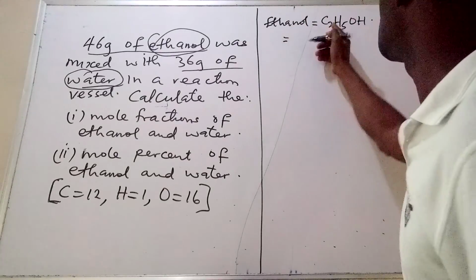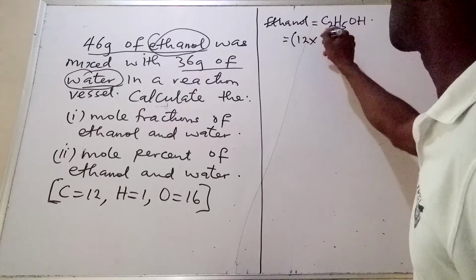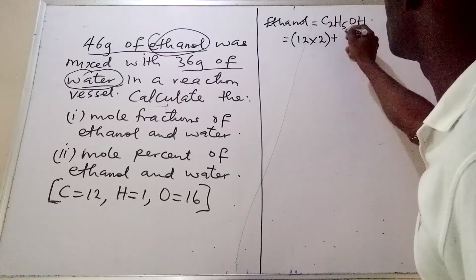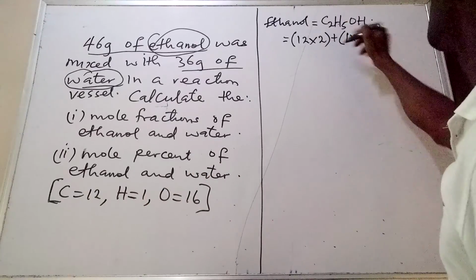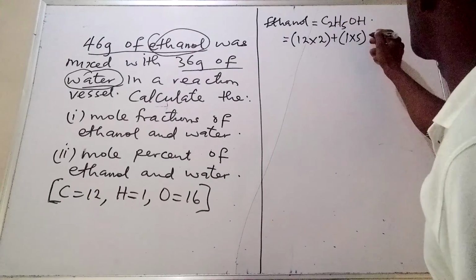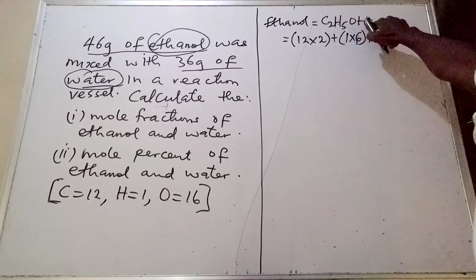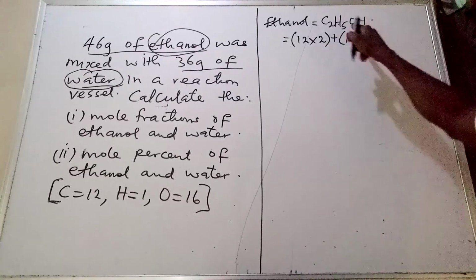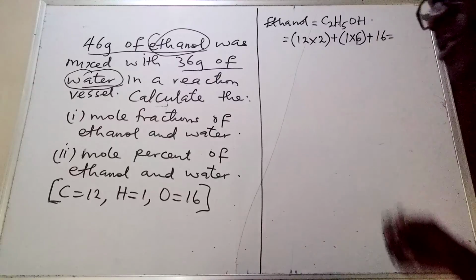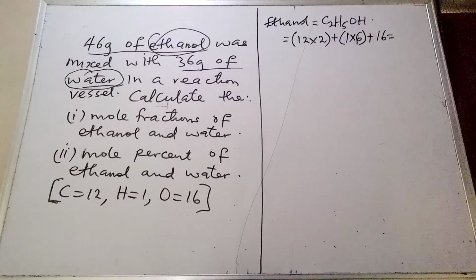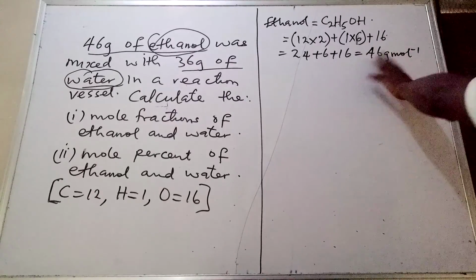So by calculation, carbon is 12 times 2 at the bottom, plus hydrogen is 1 times 5, or let me say times 6 altogether, because of this 5 here and 1 here, making 6, so don't be confused. Then plus oxygen, which is 16. So let's see what that will give us. Okay, that gives 46 grams per mole.